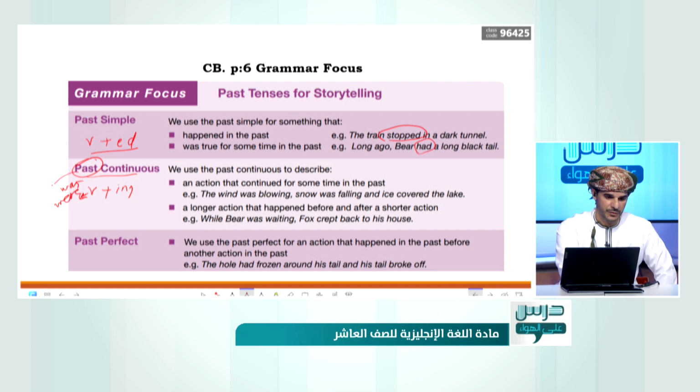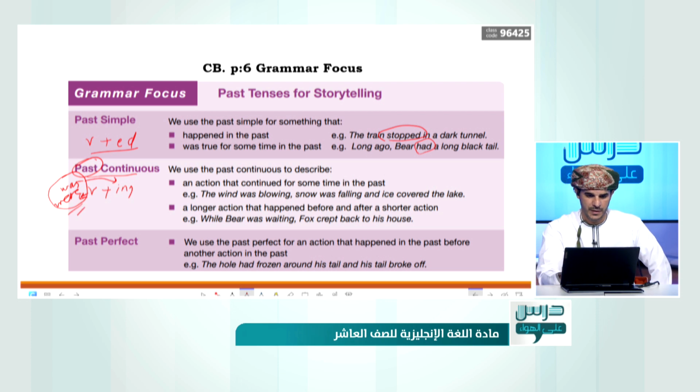Very important. Don't add any ing to the verb without these two helping verbs. When do we use past continuous? We use it for an action that continued for some time in the past, or for a longer action that happened before and after a shorter action. Like here, the wind was blowing, snow was falling, was waiting.